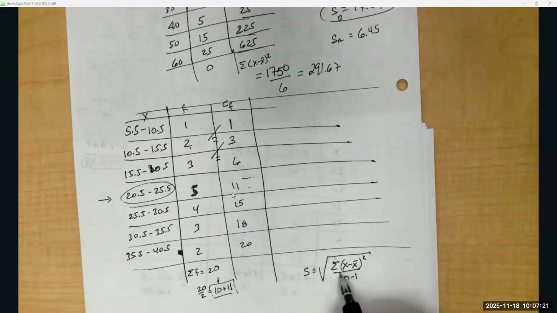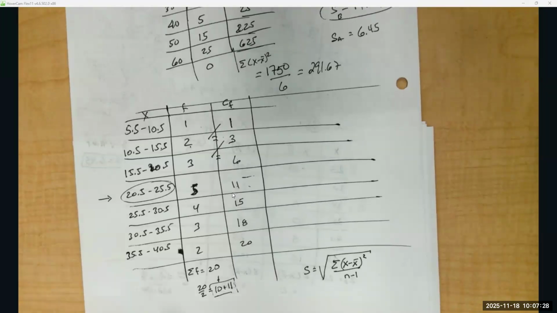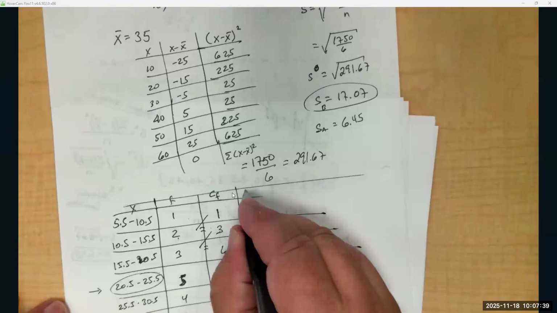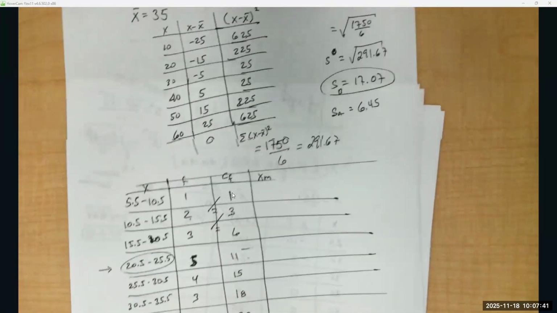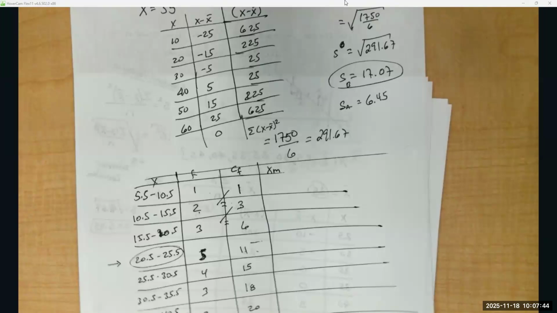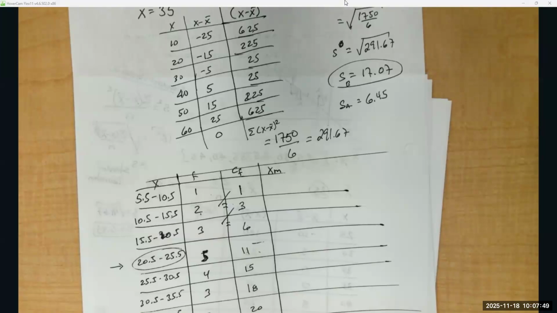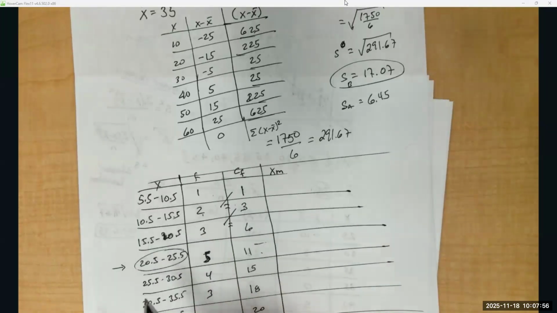But for us to be able to find the mean, the variance, the deviation, or pretty much anything else, you can't use intervals. You have to find a number that represents that interval. That's where the midpoint comes in. So the point that represents this interval is what? So what's the midpoint of this interval?